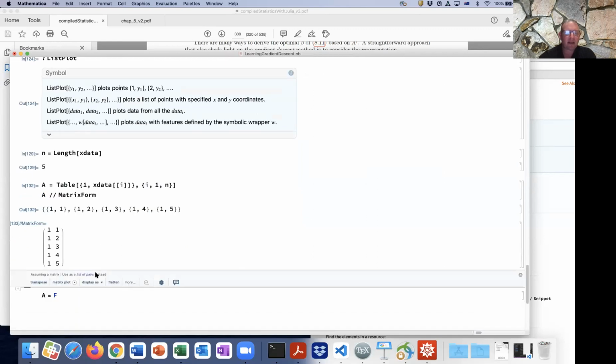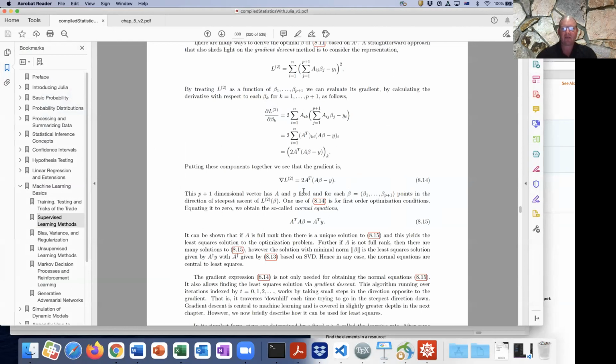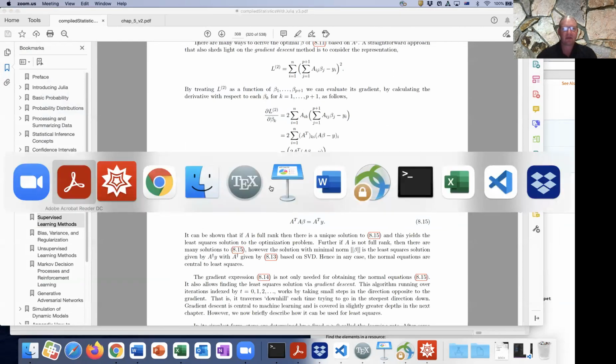And now let's make our gradient function. So let's do grad, which is a function at some beta. This is how you define a function in Mathematica, right? And we have some learning rate eta. But that's not part of the gradient. So the expression we had for the gradient was 2 times A transposed.